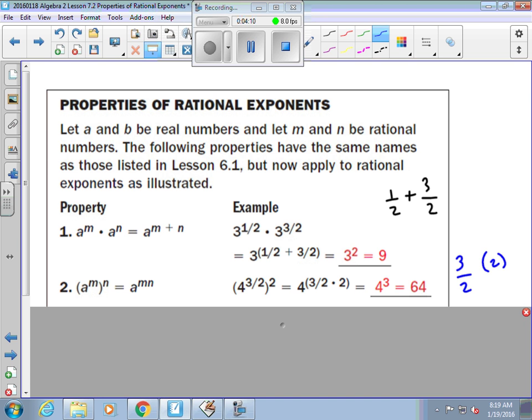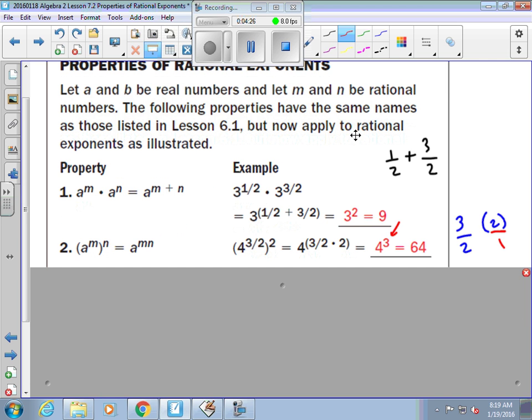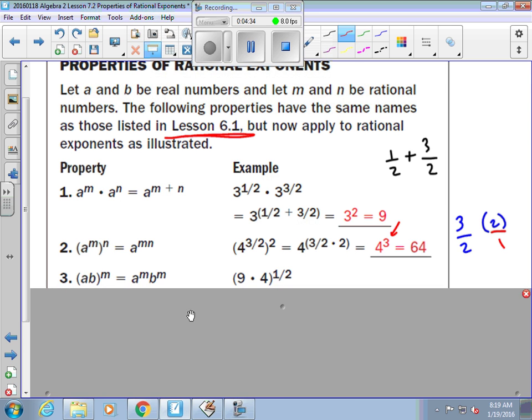Remember, you act as if this is over 1 if you need to see it like that. 3 times 2 is 6 over 2. 6 divided by 2 is 3. That's where that 3 comes from right there. 4 to the third, which means 4 times itself 3 times, is 64. Again, all of these rules are exactly the same as lesson 6.1, which we covered already. So this is an easy concept.